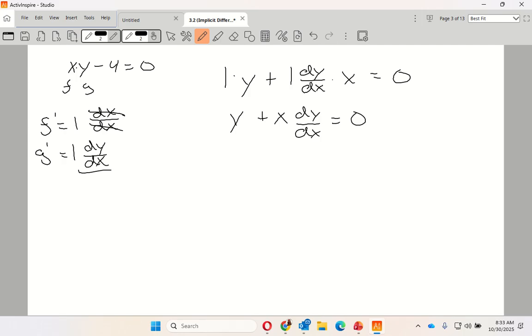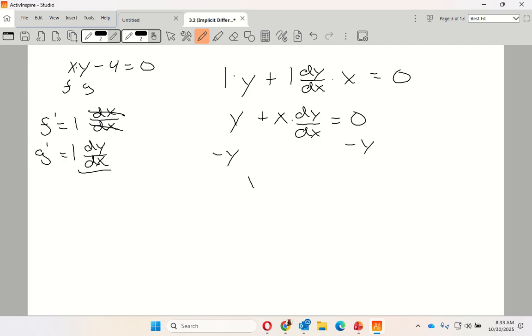Now, since I'm trying to do this in Leibniz notation, I need to get the dy/dx by itself. So this is actually a multiplication that's happening there, right? So I need to use my algebra rules. If I'm trying to isolate the dy/dx, I need to start by subtracting y from both sides, right? Minus y.